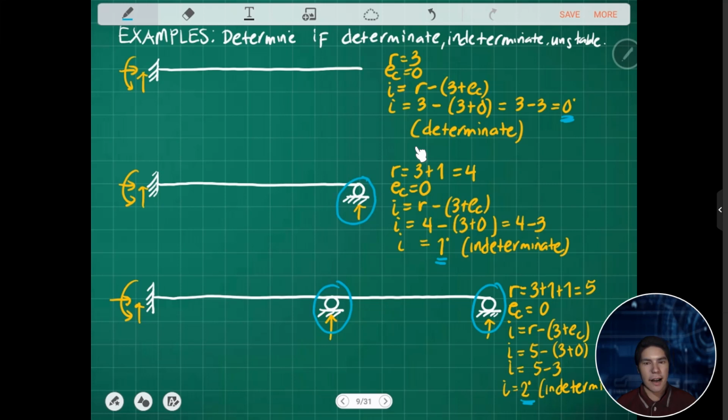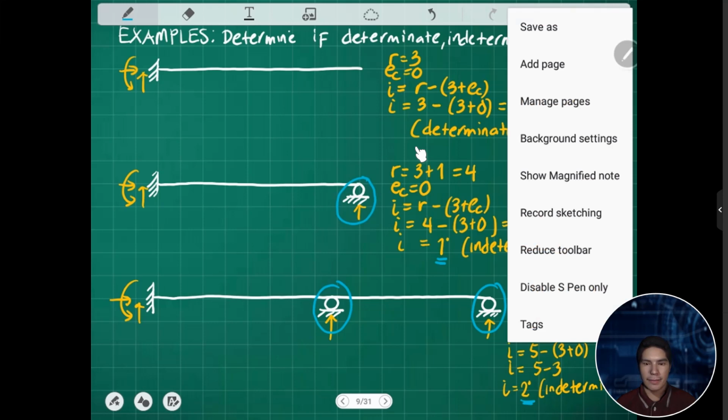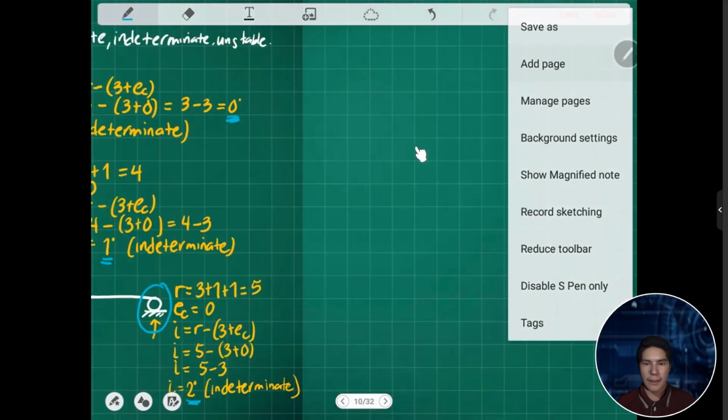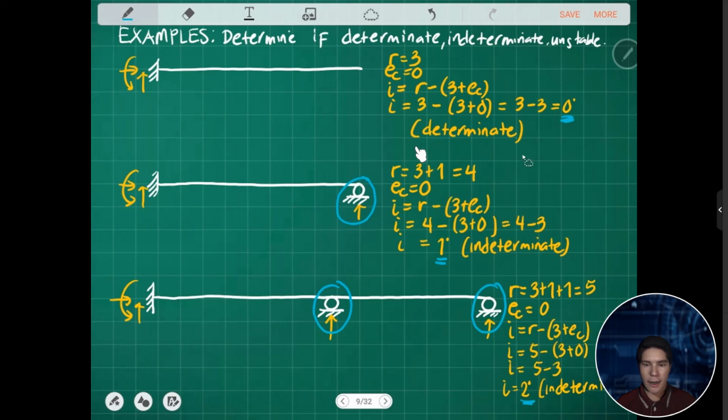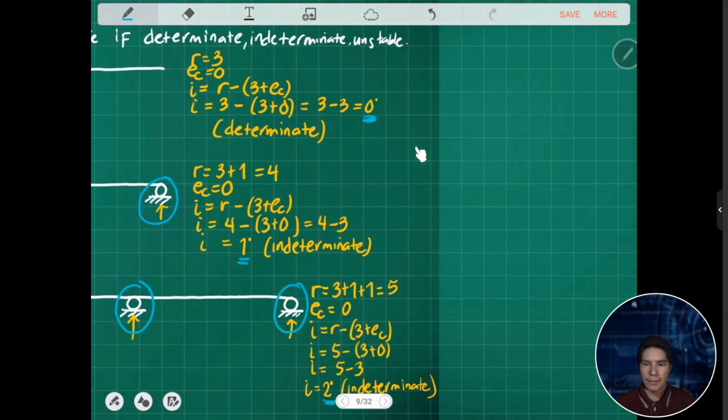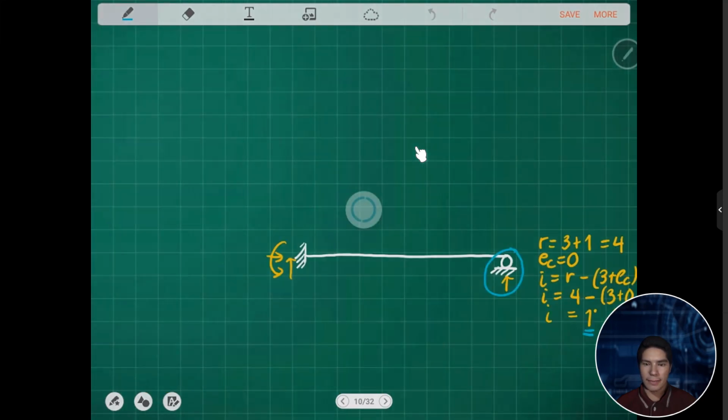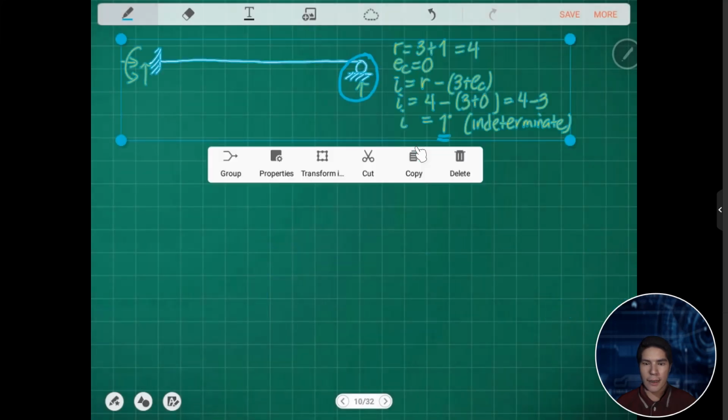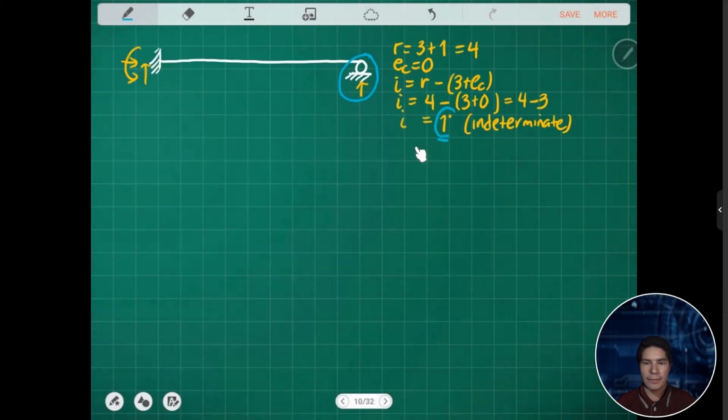For instance, let's say we want to analyze the prop beam using equilibrium equations. We need one internal hinge. If we add one internal hinge here, this is a hinge, so therefore this becomes 1.